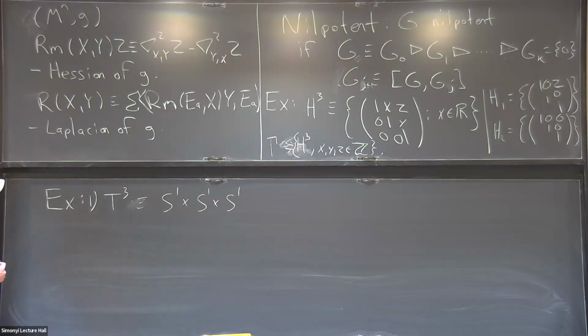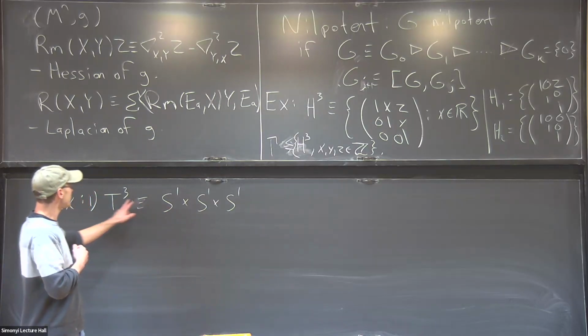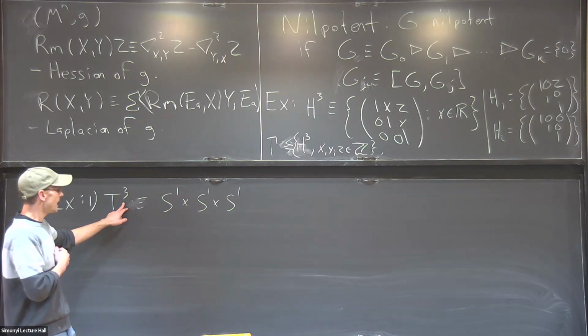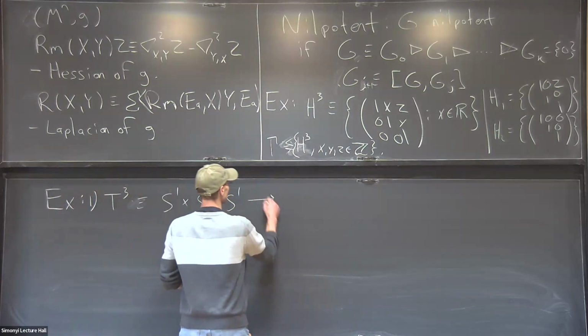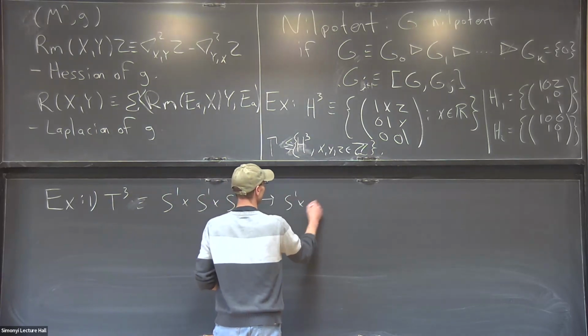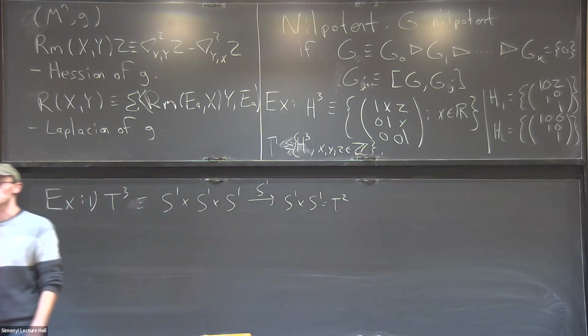A nice way to visualize this is to think of the 3 torus, sort of stupidly, as being an S1 bundle over the 2 torus. So it's the trivial S1 bundle over the 2 torus.